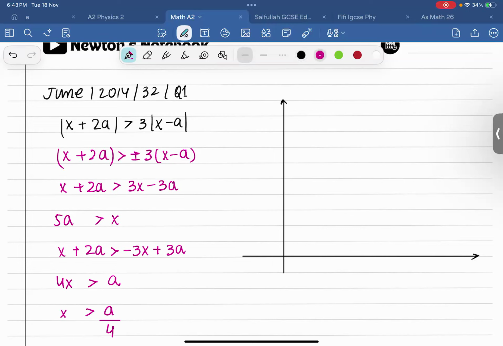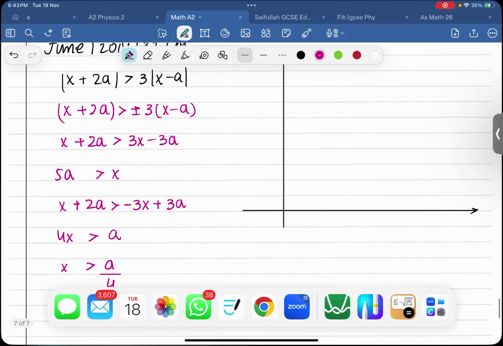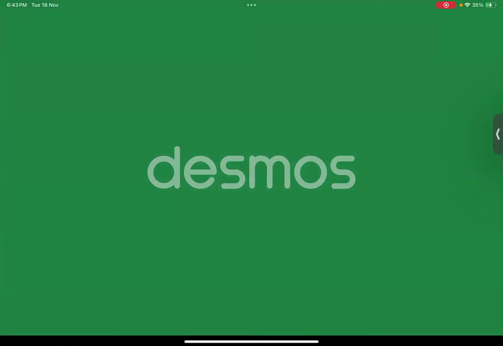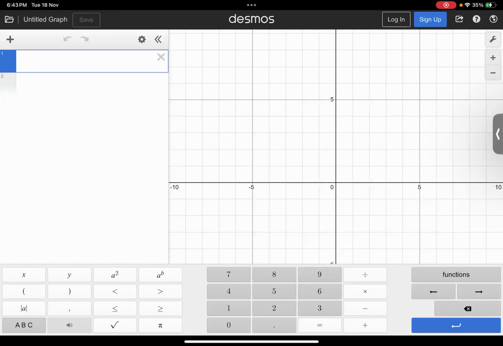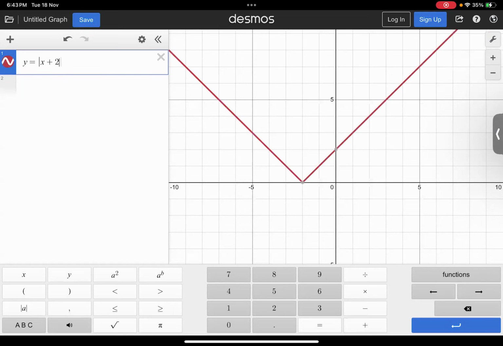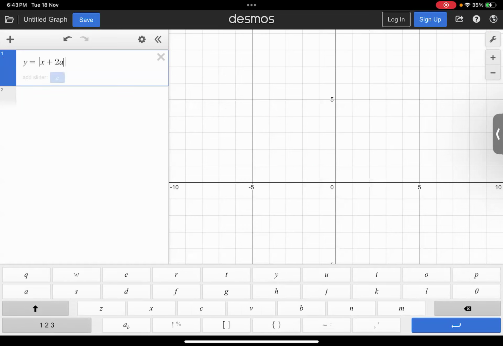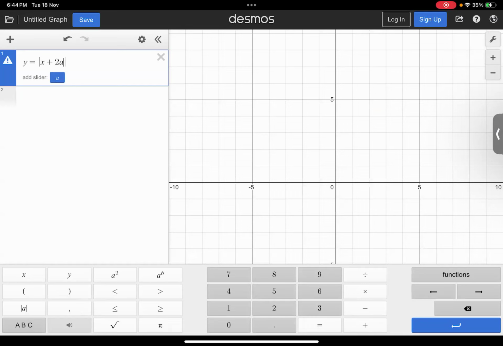The first one would be y equals modulus of x plus 2a, with a modulus sign.